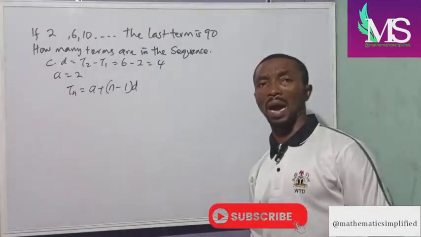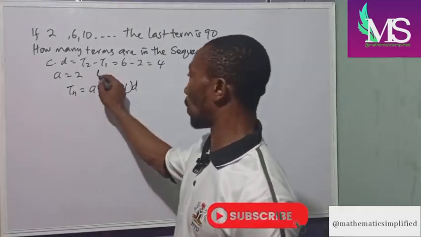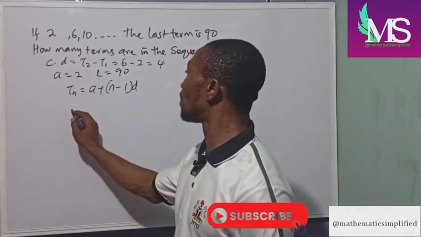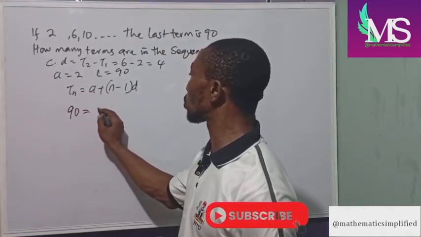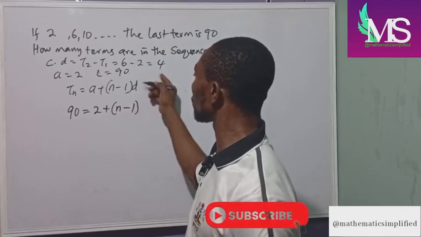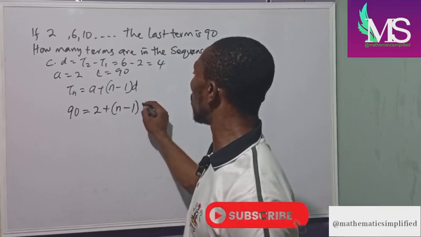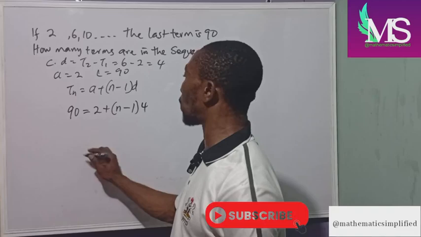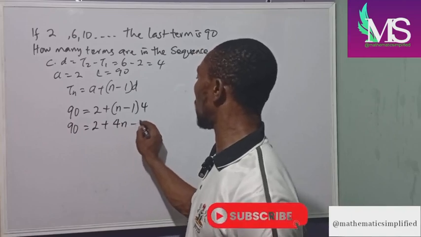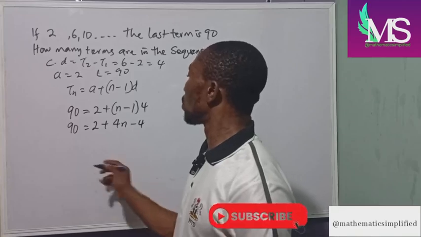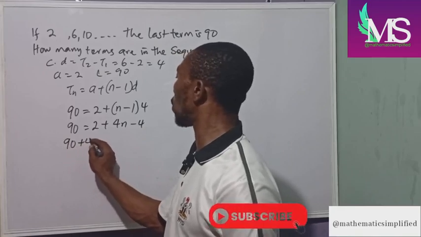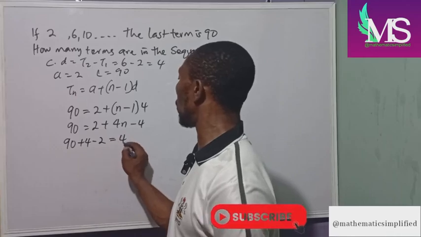Now, in this case, we are asked to find our number of terms, and we are given our last term to be 90. So here we represent our last term, L, which becomes 90 equals A, which is 2, plus n, which we don't know, minus 1 times 4, which is our common difference. So expanding this bracket, we have 90 equals 2 plus 4n minus 4. Collecting like terms here, we have 90 plus 4 minus 2 equals 4n.